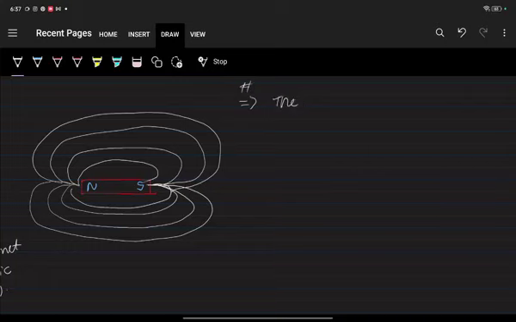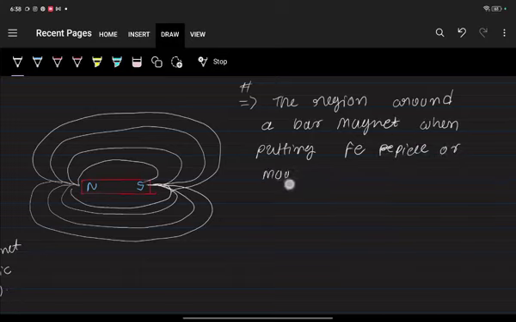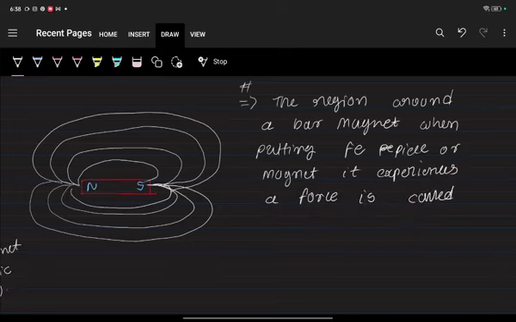The region around a bar magnet, when putting an iron piece or magnet, it experiences the force, is called magnetic field.